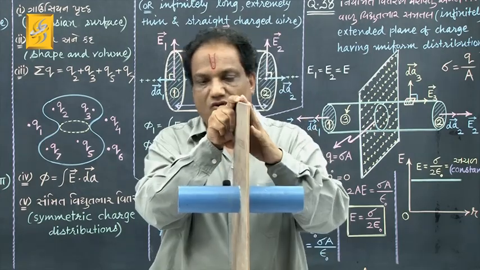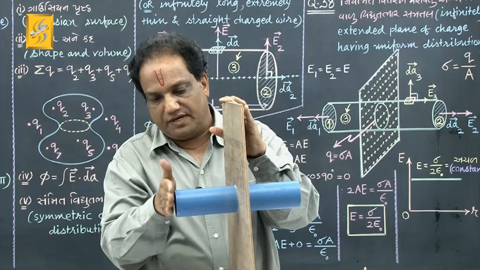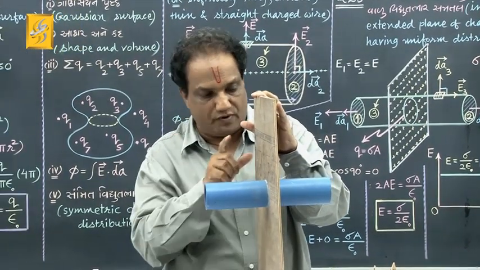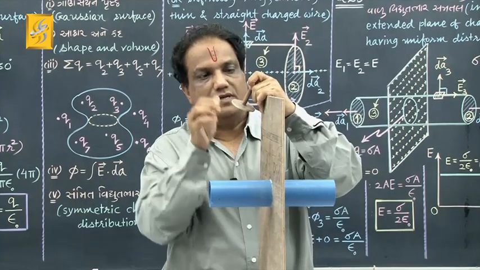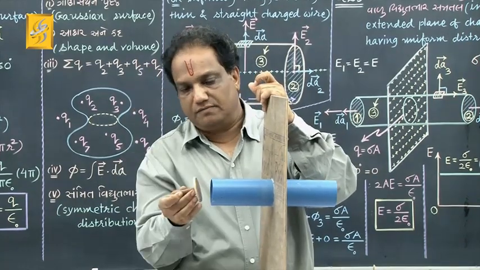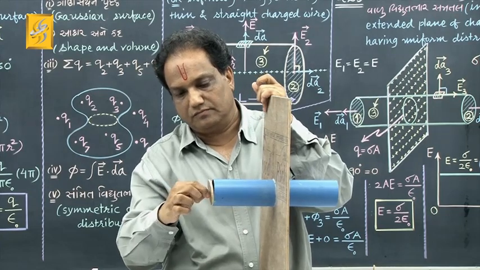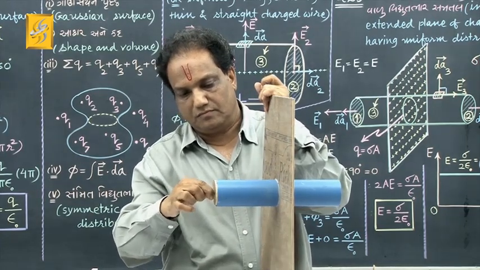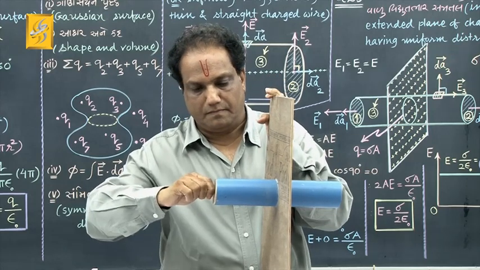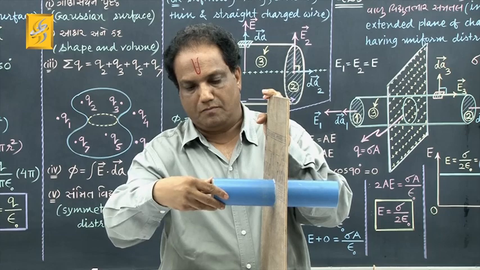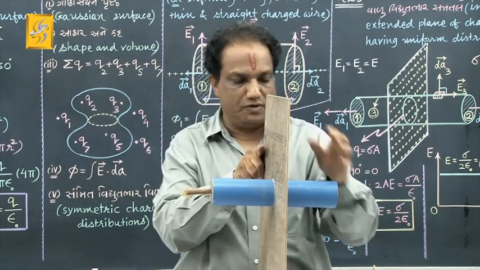Got it? For this plane surface, tell me, how would you draw area vector? Perpendicularly outward like this. Say this arrow is area vector, then you can just consider this way. Correct? Okay, perpendicularly outward.